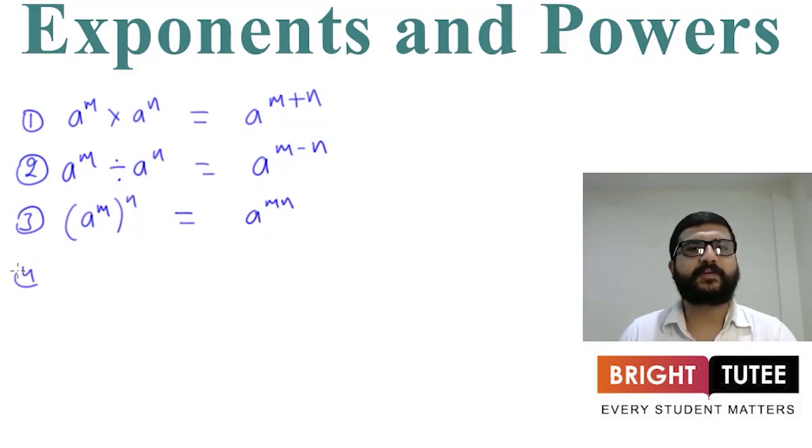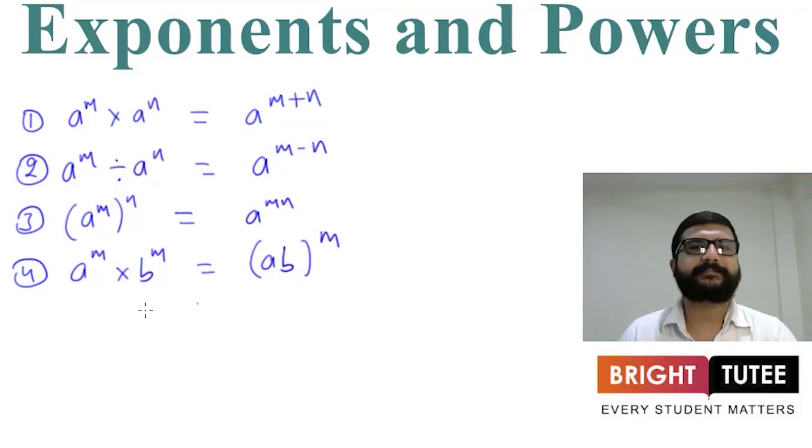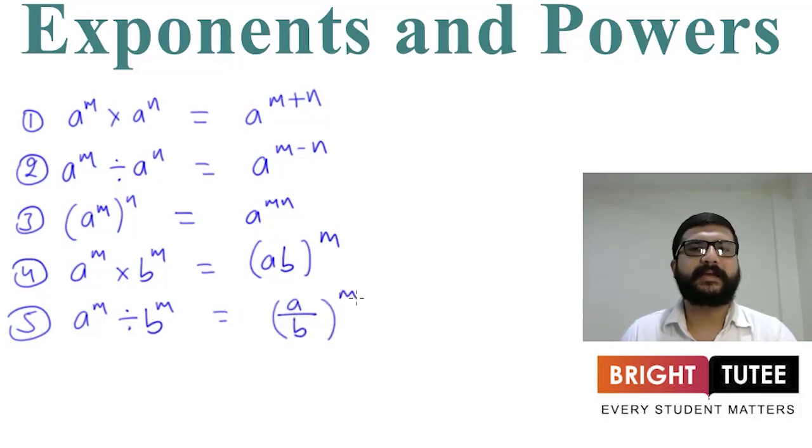And then the fourth one, it was a to the power m multiplied with b to the power m. This will be equal to ab to the power m. And then the fifth one, it was a to the power m divided by b to the power m. This will be equal to a by b whole to the power m.